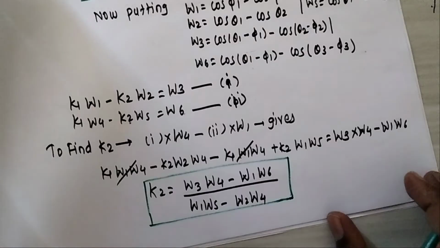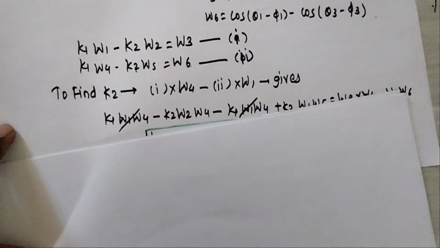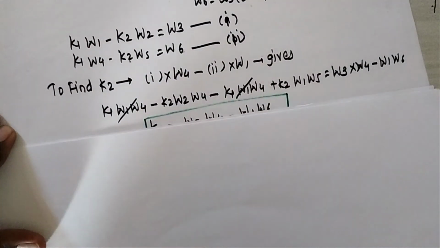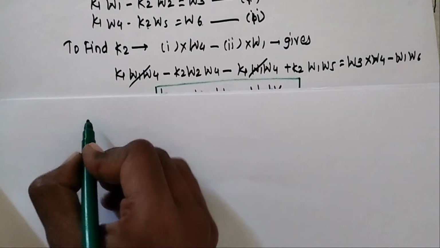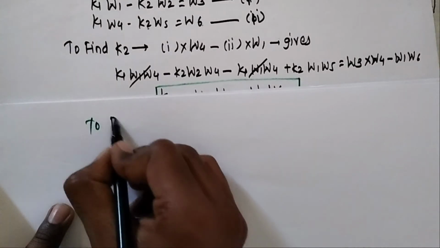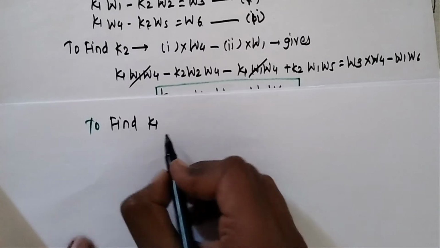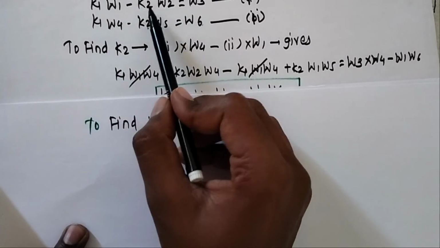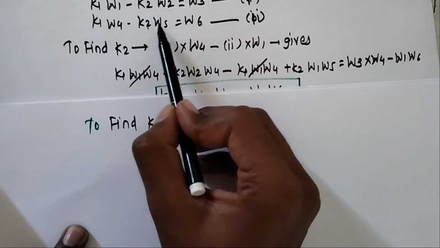So for K1, what I do here, you can check. Similar procedure I will do. We know these two equations. So to find K1, what we can write is, so see, to find out K1 I have to cancel this K2. So multiply this equation by W5 and the second equation by W2 and subtract from first.